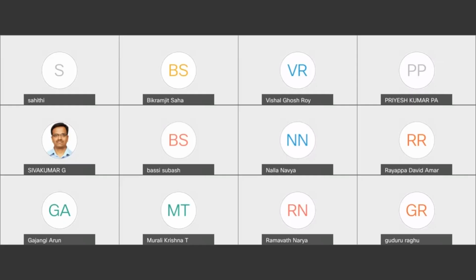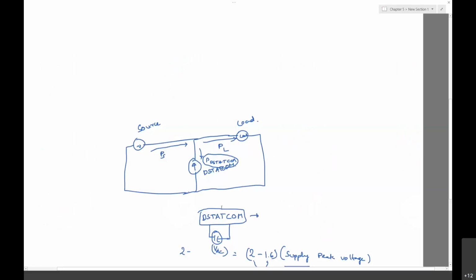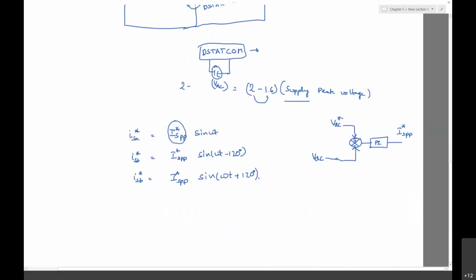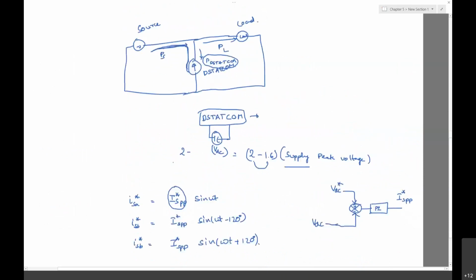Whatever I have been explaining to you, especially this particular content, I explained this part just now. The source supplies the power to charge from the source only. It is to be charged this way, that is, IS star of P. We have not found out what the discharge currents should be.